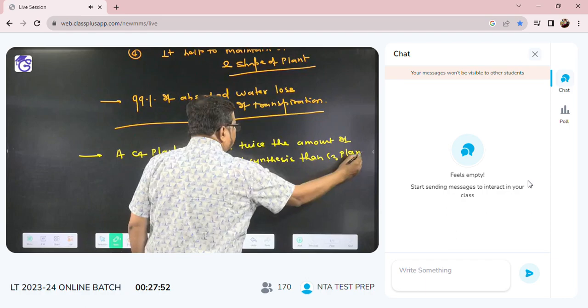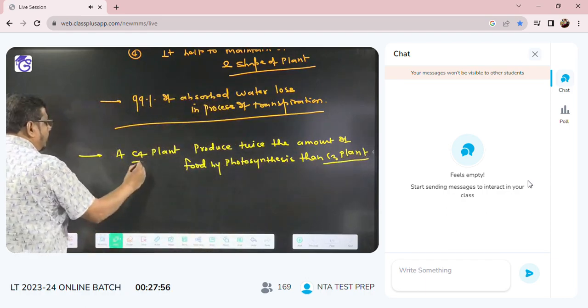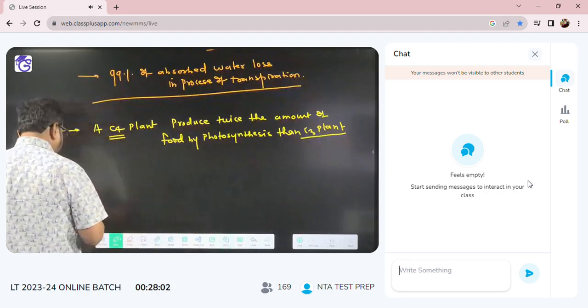So whose photosynthesis efficiency is more? C4 plant. A C4 plant performs double photosynthesis than a C3 plant.